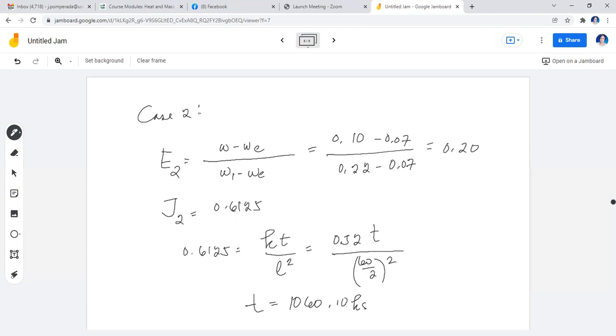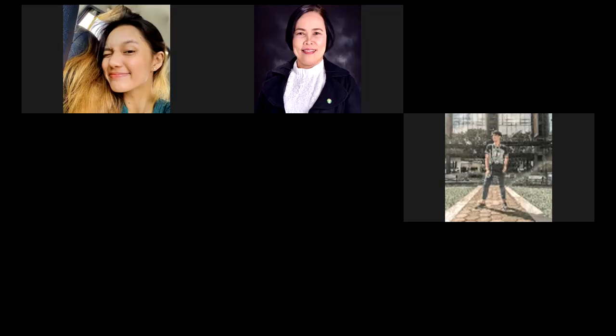This is very long. So 12.27 days. It would take 12.27 days for your 60 mm thick plank, starting with a moisture content of 22 to dry to 10% moisture. So this is the answer to our problem. Okay, any questions? Any question?